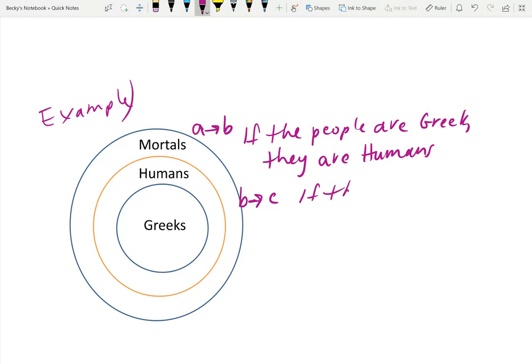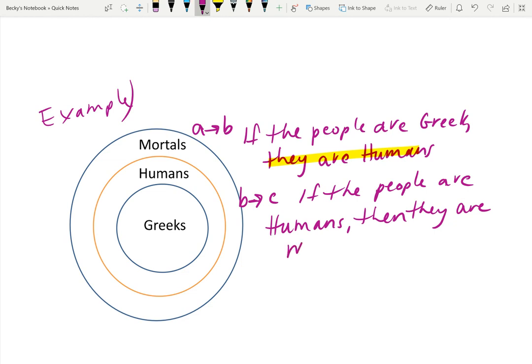If the people are, now I have to start with the information that I ended with. So I'm going to say are humans. If they are humans, then they are mortals.